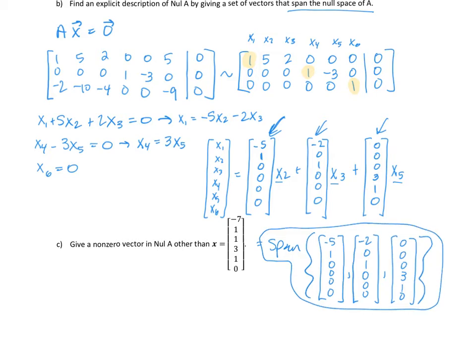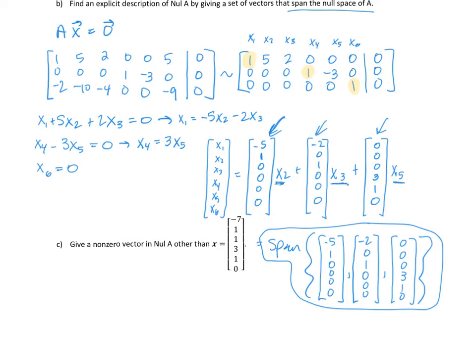Now, to give a non-zero vector in null A other than the one from part A, I can pick any vector that's in the span of the 3 vectors we got in part B. So you get to choose the weights, x2, x3, and x5.